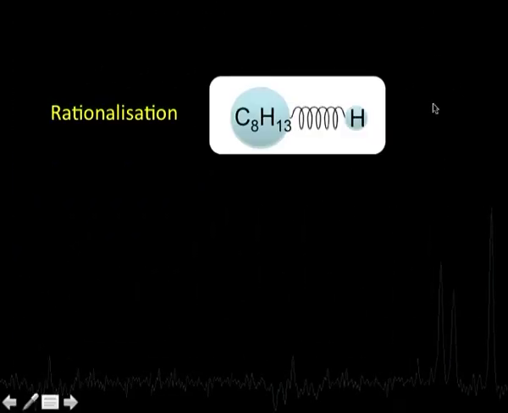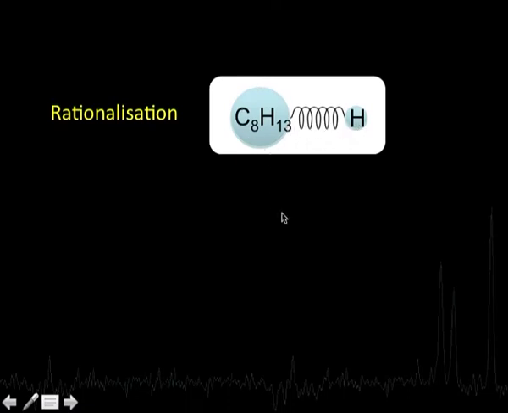Now, to look at this, we say that this molecule of octane can be represented as C8H13H, that is, the molecular formula we know is C8H14. So, we are representing it as C8H13 being the bulk of the molecule, and this hydrogen atom is attached to the carbon within this bulk. So, this is the bond in question.